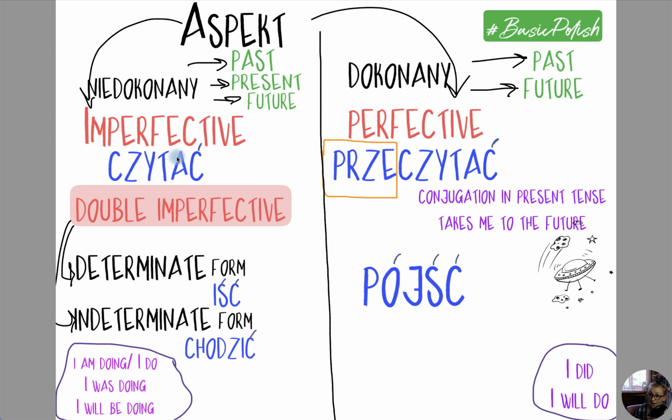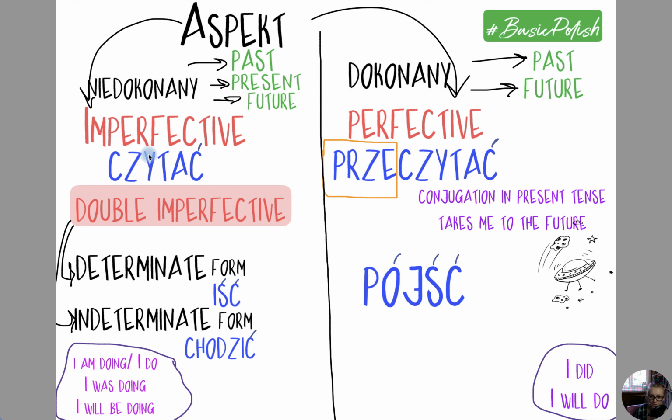That means either I am reading, especially if I add czytam teraz, the word now, as we don't really have the present continuous tense. Very often in Polish we help ourselves by adding the word teraz, which means now, almost as if to say I read now, right? But it means either I'm reading or I read, czytam, okay?